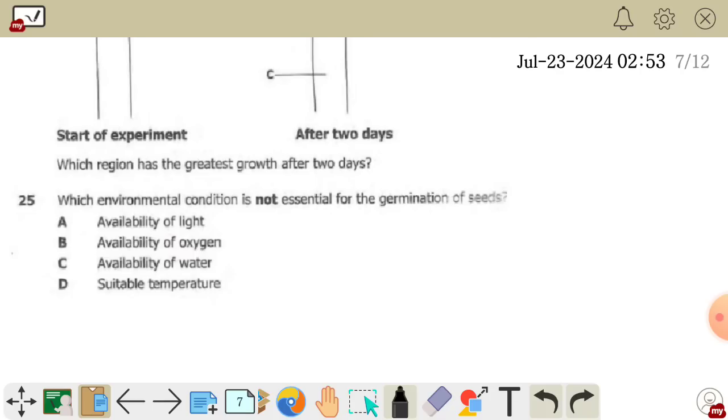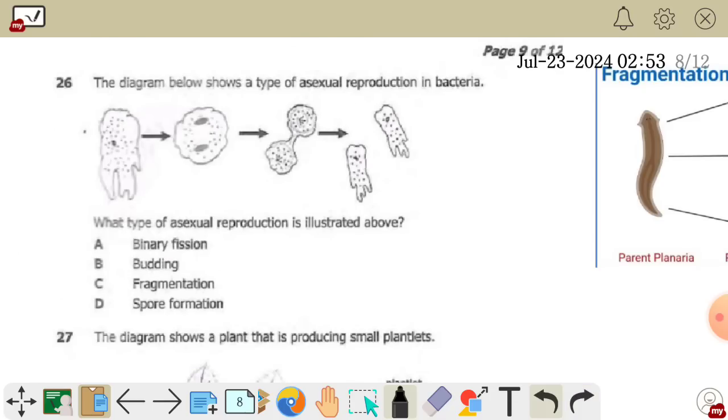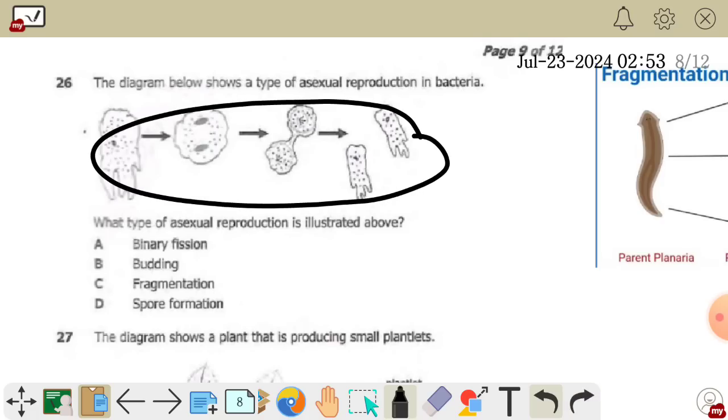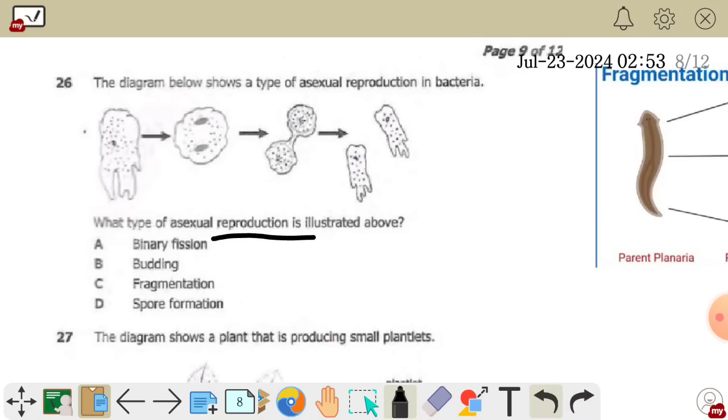Question 26. The diagram below shows a type of asexual reproduction in a bacteria. What type of asexual reproduction is illustrated above? So in this diagram here, the reproduction which is illustrated is binary fission.